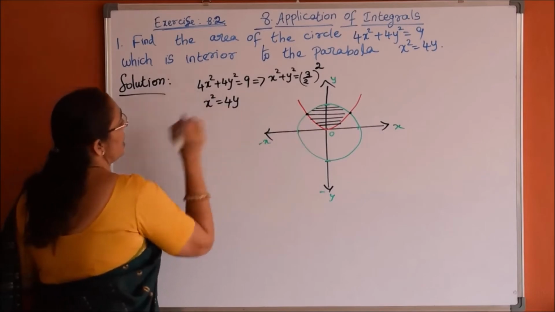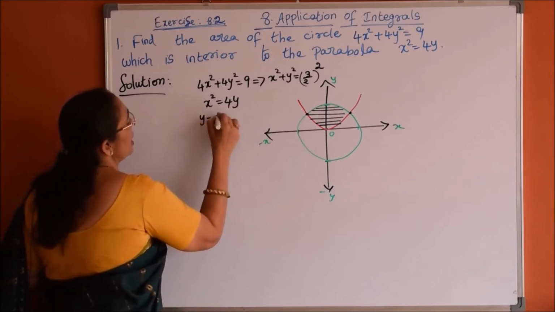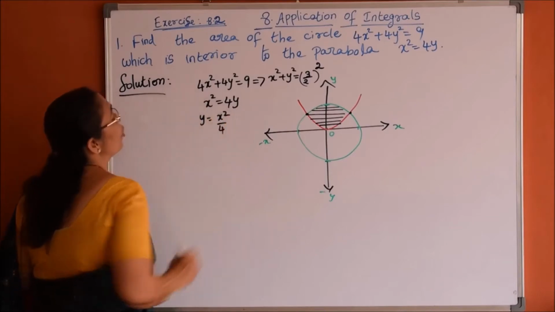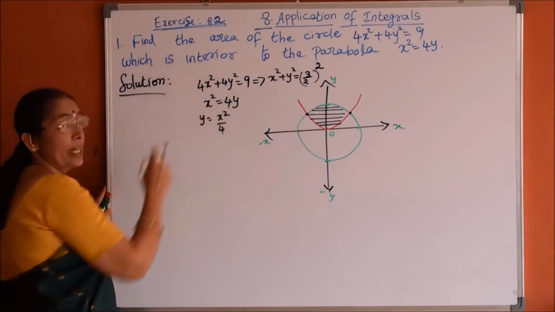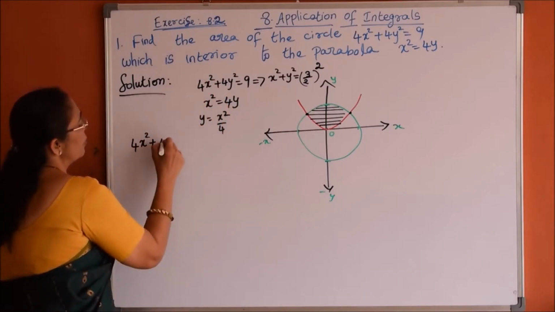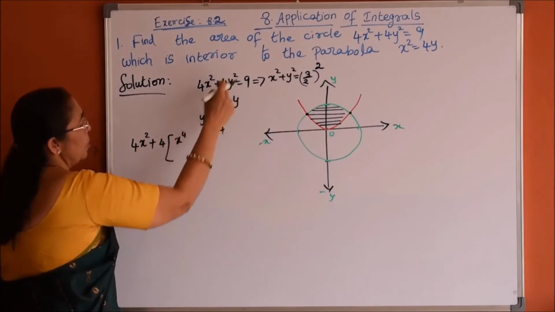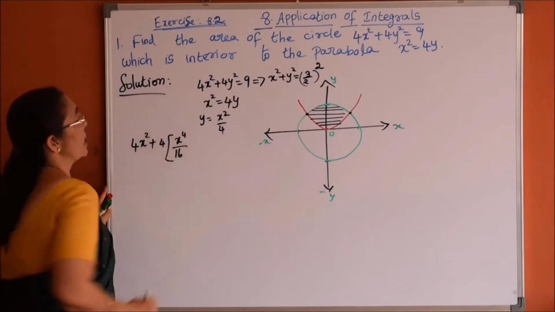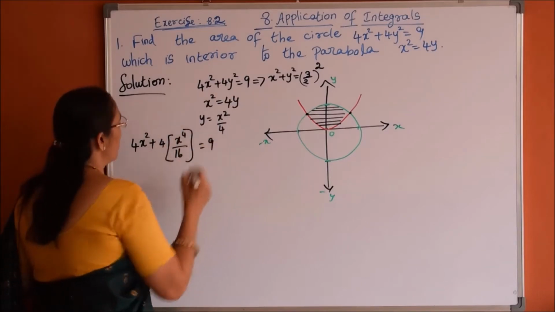So, x square is equals to 4y, otherwise y is equals to x square divided by 4. Let me substitute y is equals to x square divided by 4 in the first equation. We will get 4x square plus 4 into y square. Y square is x square whole square by 4 square, which is x to the power of 4 divided by 16, is equal to 9.